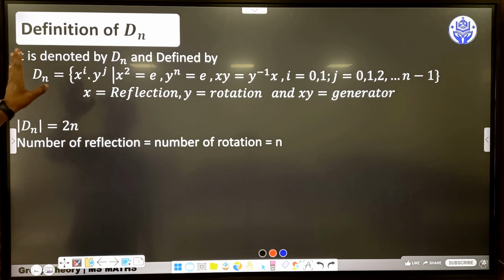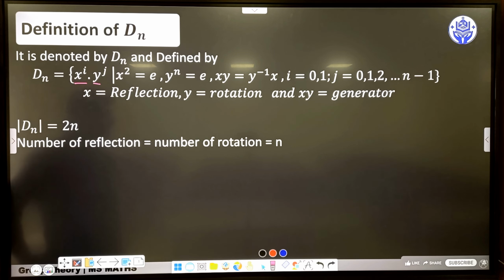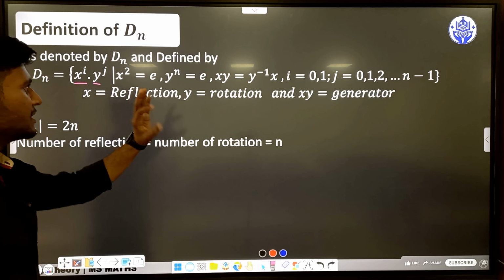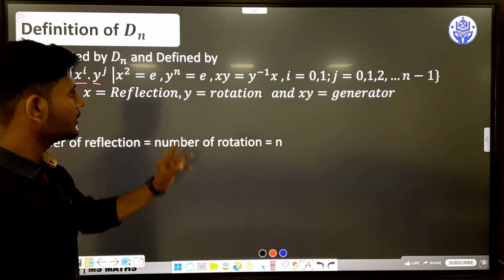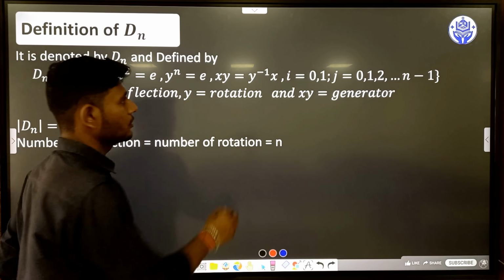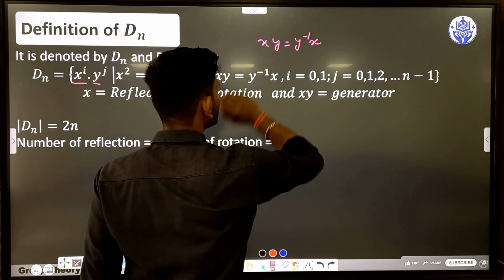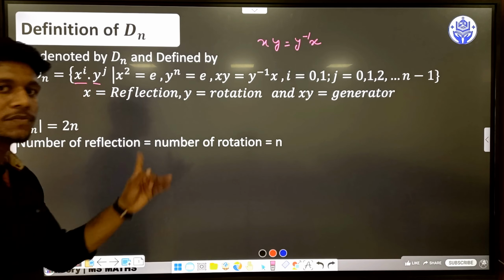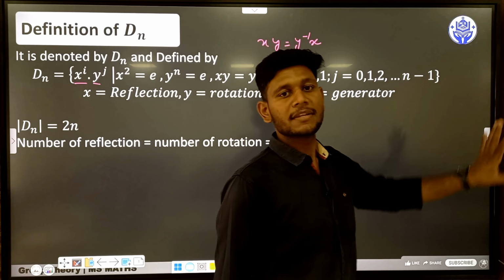It is denoted by Dn and defined like this. There are two generators x and y, elements of the form x power i, y power j, where x square is equal to e, the identity, and y power n is equal to e. Now here x times y is equal to y inverse times x, and i is equal to 0 and 1, but j is equal to 0, 1, 2, up to n minus 1.